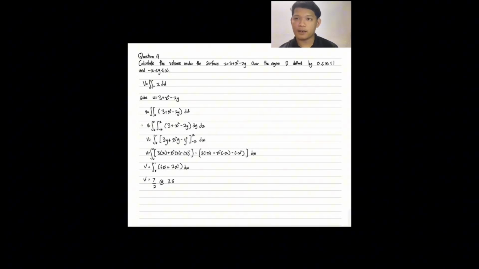first we must write the equation, which is V is equal to the double integral of z dA. So we substitute the z, which is 3 plus x power of 2 minus 2y. Then we put it in the formula where we got V is equal to the double integral of (3 plus x power of 2 minus 2y) dA.